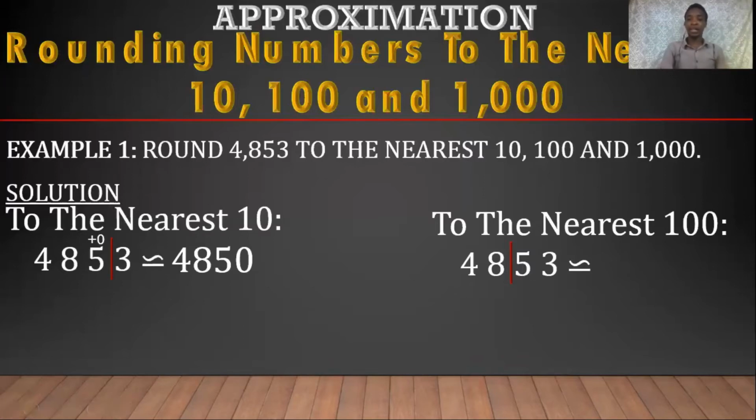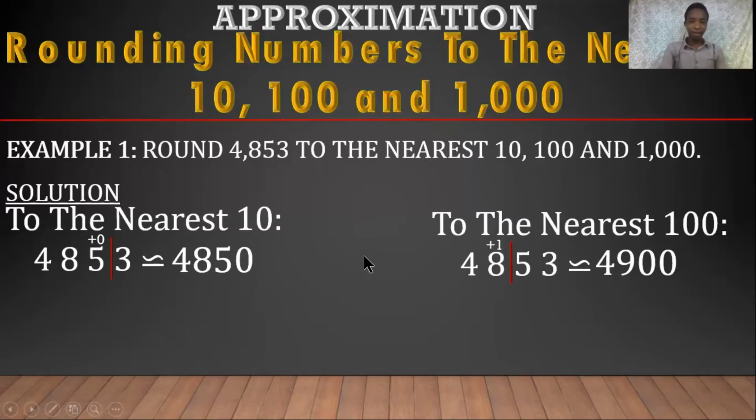So I'll be adding 1 to the 8. 8 plus 1 will give me 9. Then remember the other numbers after the line will change to 0. So I'll be having 2 zeros in this case. My answer will be 4,900. Yeah, like that. It's quite simple, please. You should understand this.